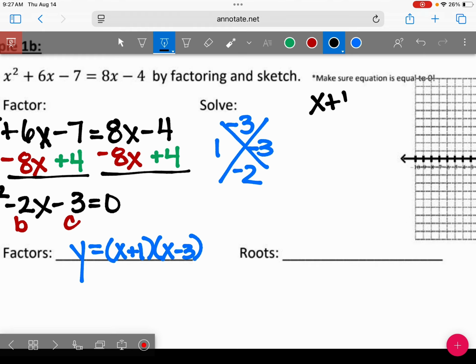So now we're ready to set those equal to 0. X plus 1 equals 0. X minus 3 equals 0. So for the first one, because it's positive, I have to subtract, so I get x equals -1.